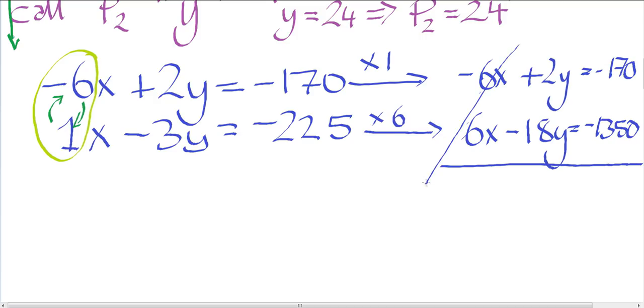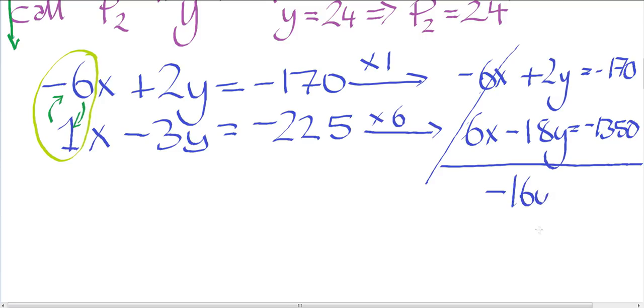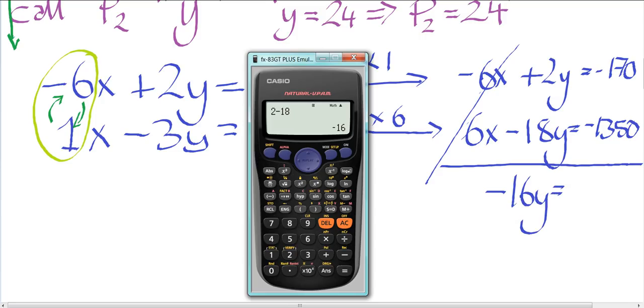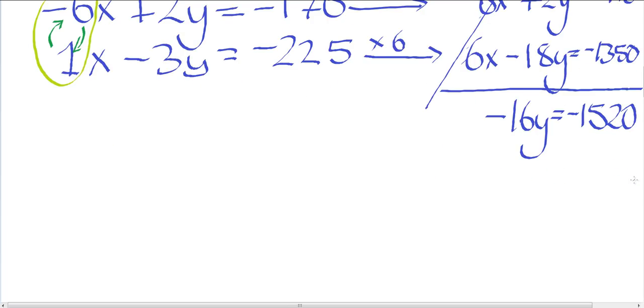So what I have then, I have 2 minus 18, minus 16y equals, and check then, minus 170 minus 1350. And I'll have minus 1520. How do I solve it? What's the next step after that?